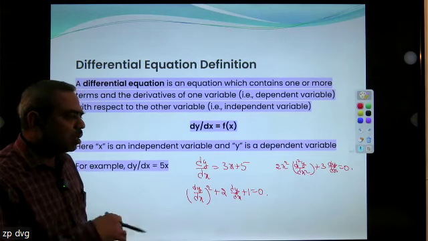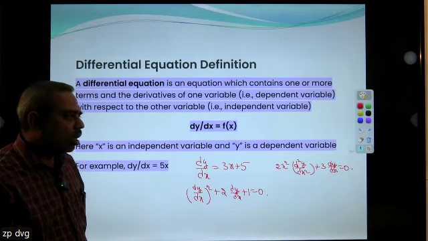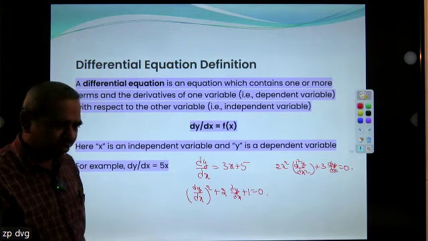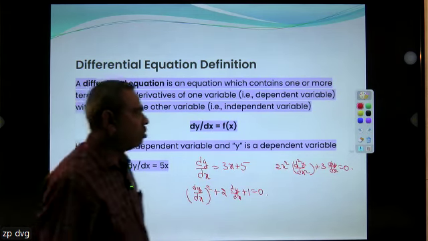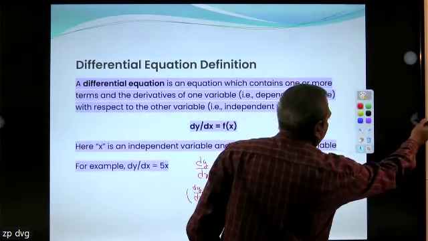Now, what is the order of a differential equation, and what is the degree of a differential equation? Let us know it.